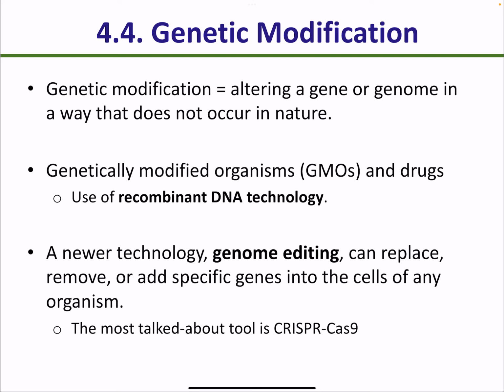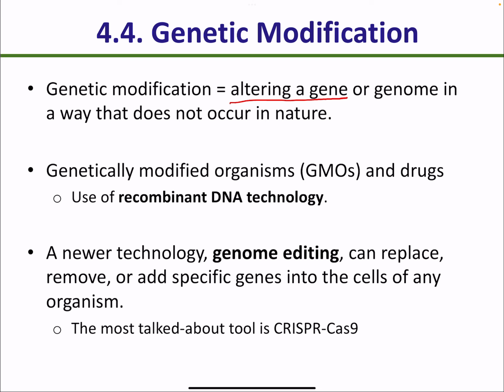Now, because of, again, the knowledge that we have about genetics, it is possible to do a genetic modification. This genetic modification consists of altering DNA, moving DNA from one origin to another, for instance, from a human to a bacterium, from a plant to another plant, okay?